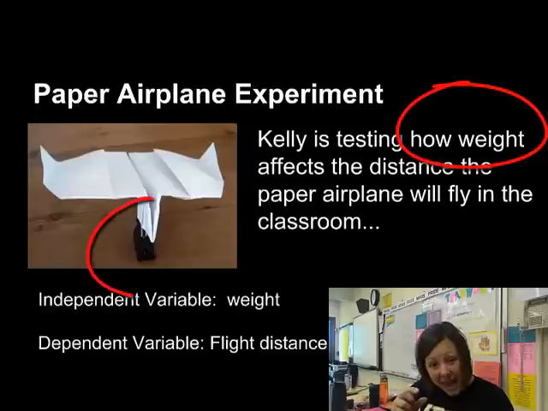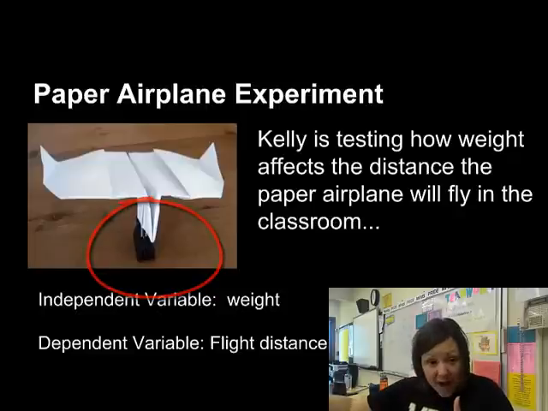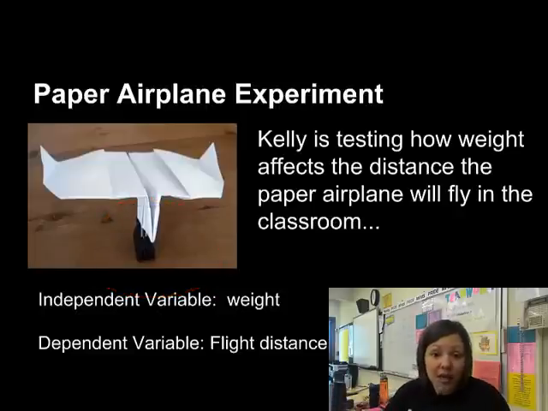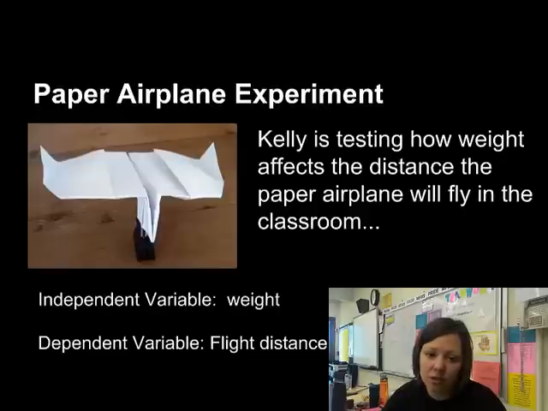She's going to be adding clips to her airplane. The dependent variable, what she's going to be observing during the experiment, is how far it travels. So we can identify independent and dependent variables very easily as long as we know what the words mean. That's our way of being able to tell if she has a good experiment, if she's changing only one thing, if she has only one independent variable, and we can clearly understand what she's going to be observing, her dependent variable.